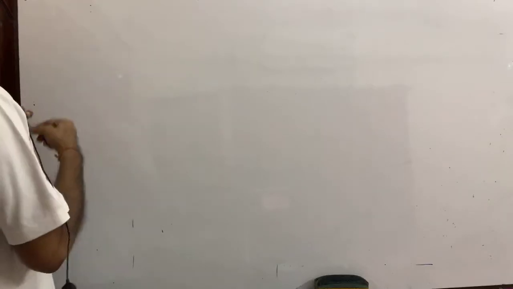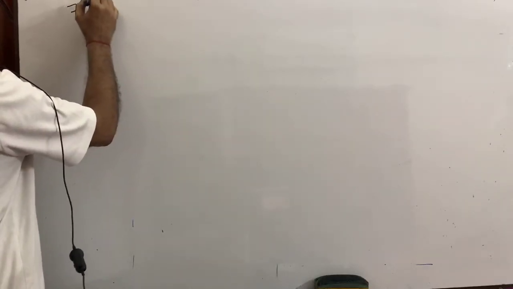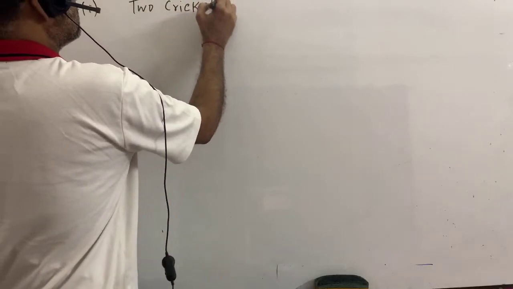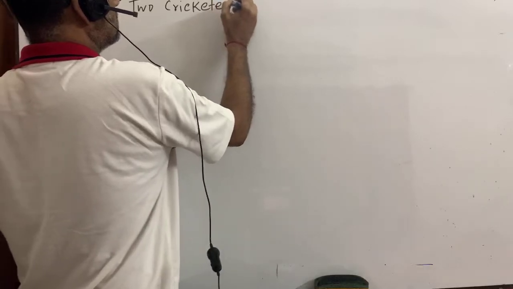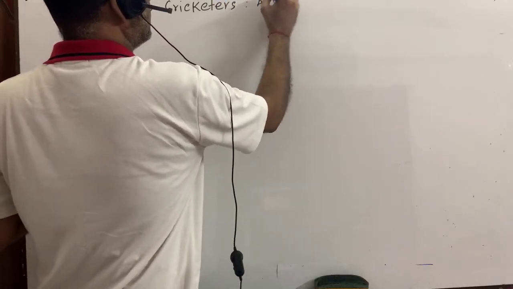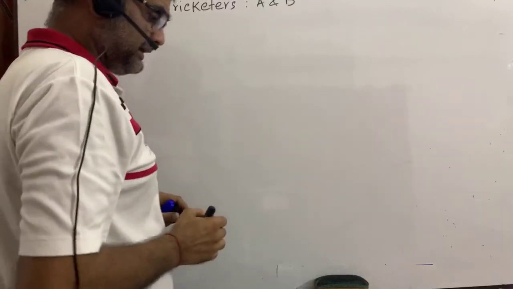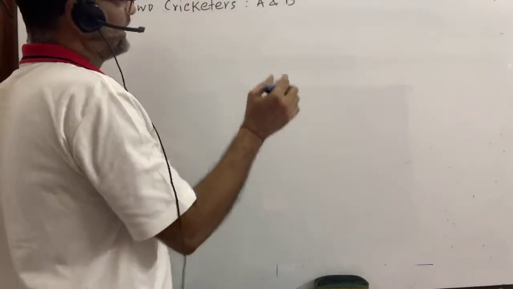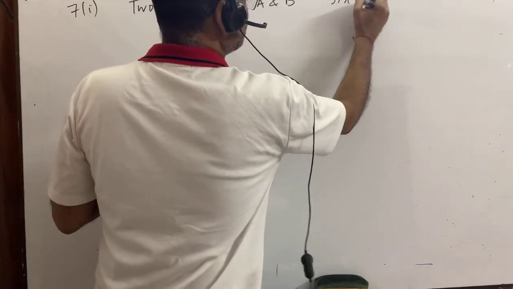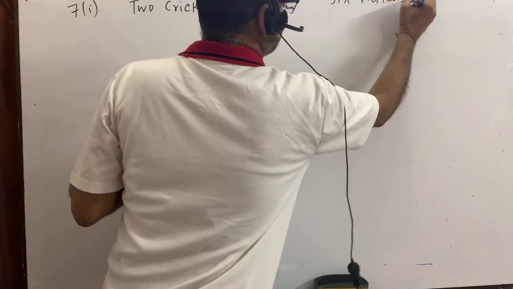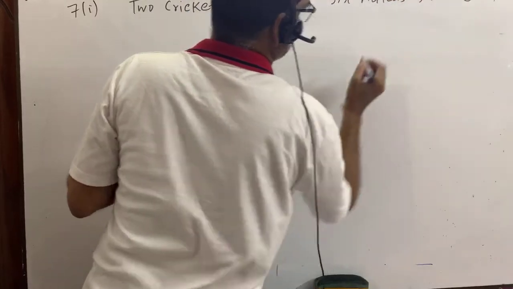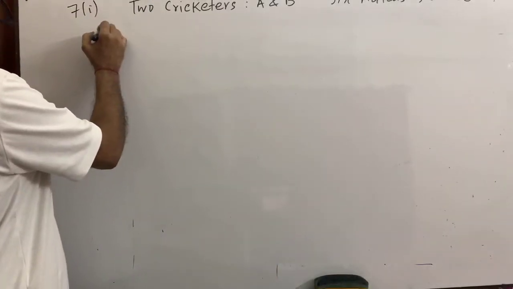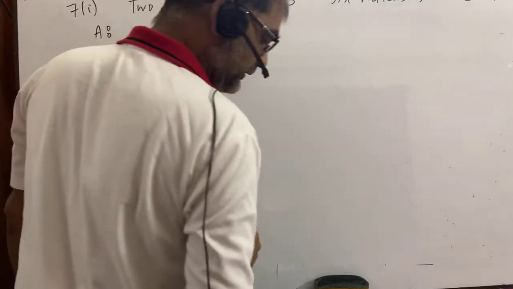There are two cricketers, A and B, and they have scores of 6 T20 games, 6 matches. Their scores are given like this. You write down the scores of A.